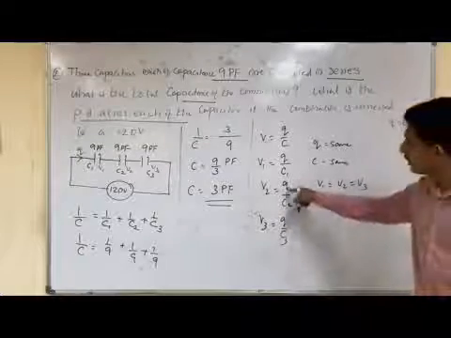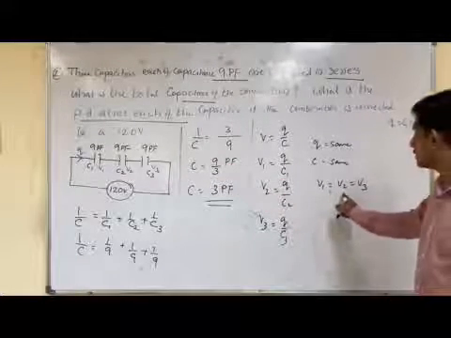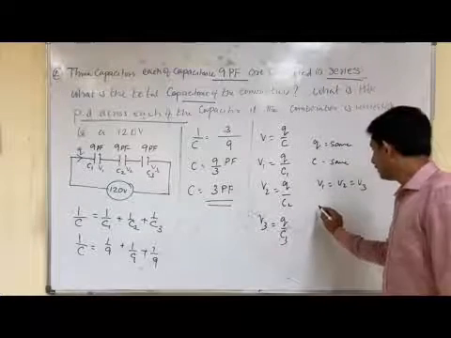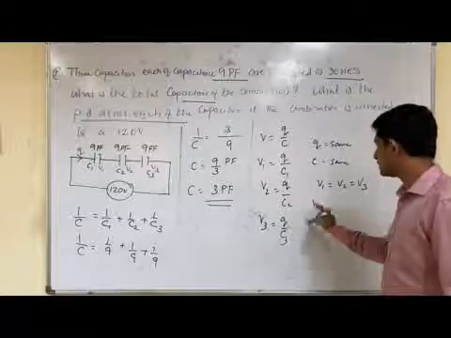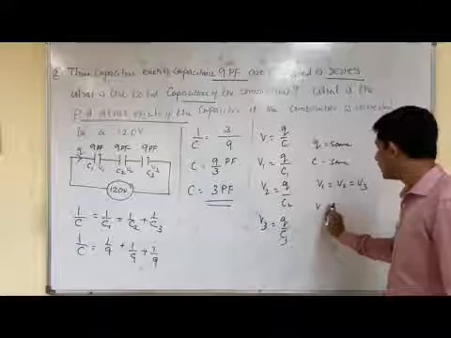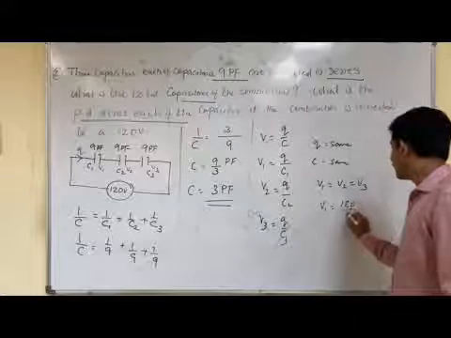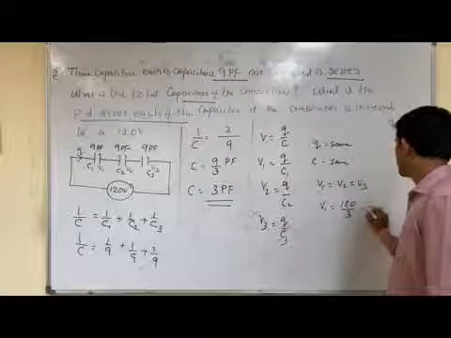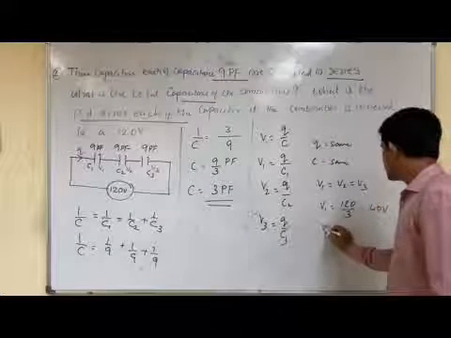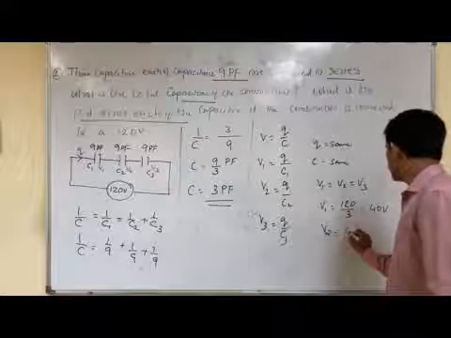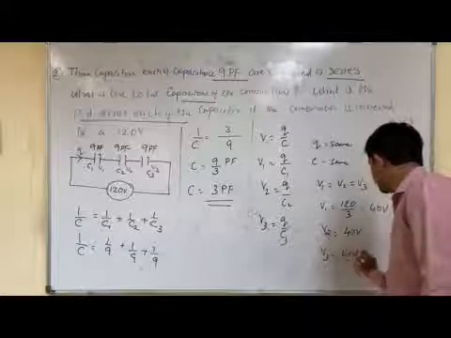The voltage is equally divided into 3, so V1 is equal to 120 divided by 3, that is 40 volt. In the same way, V2 is 40 volt and V3 is also 40 volt.